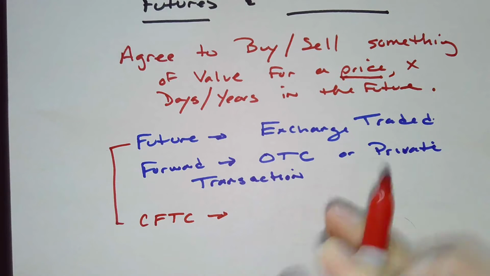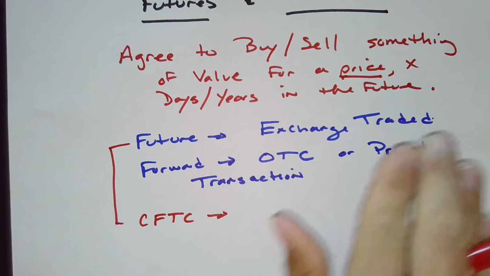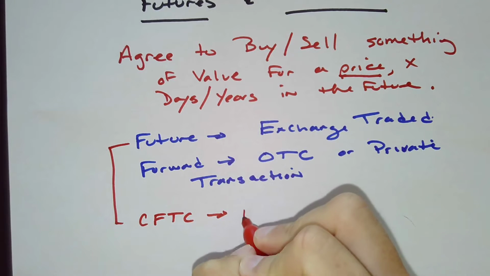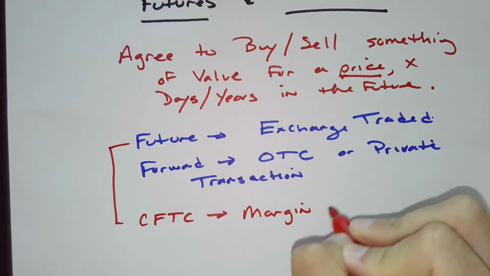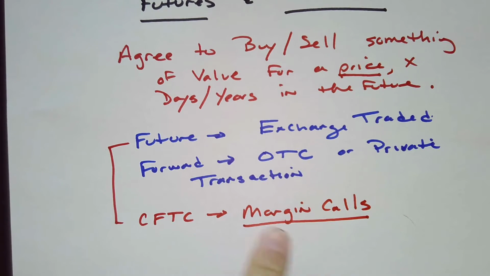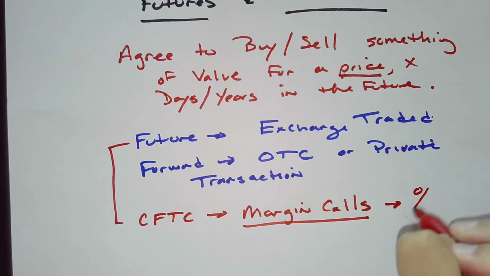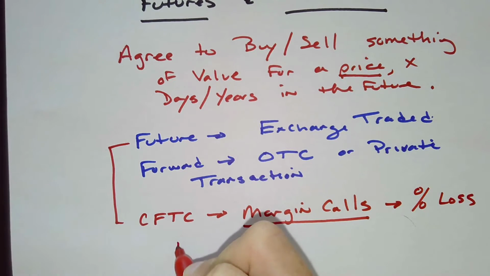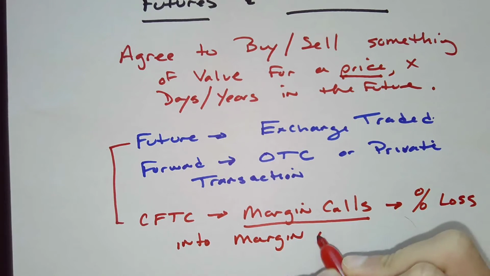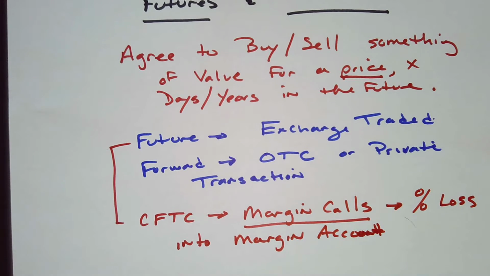So what happens is with the futures contract, if there is a gain or a loss on either party, whoever is holding the futures contract, there have to be margin calls, which basically says that if you have a loss in your contract, you have to deposit a percentage of that loss into a margin account. Okay? You have to deposit some percent.